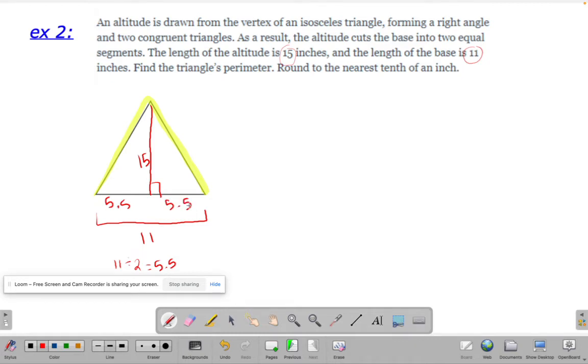Remember, you're using a calculator, so the decimals are not a big deal. We are going to find the hypotenuse, the C. So they give you the A and the B every time. So 5.5 squared plus 15 squared equals C squared.